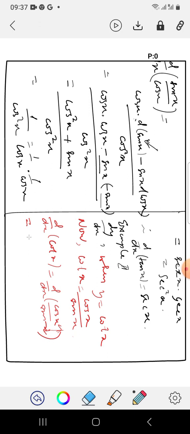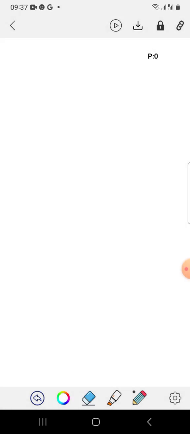So it's going to be sine x d cos x minus cos x d sine x, everything over sine squared x. That's what we are going to have. So let me save this page again and prepare another page.